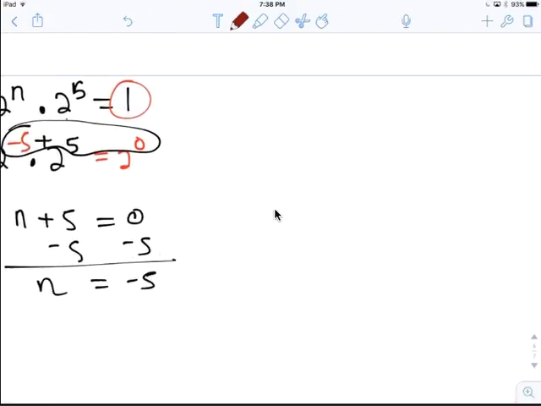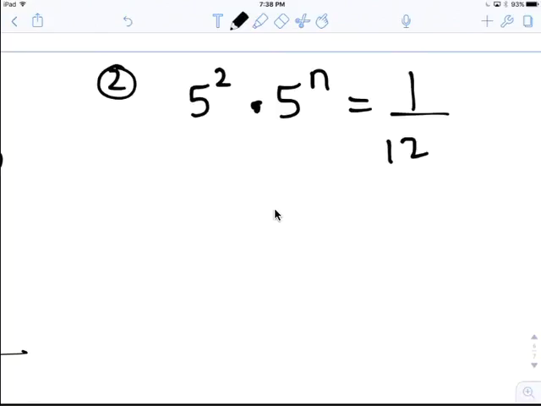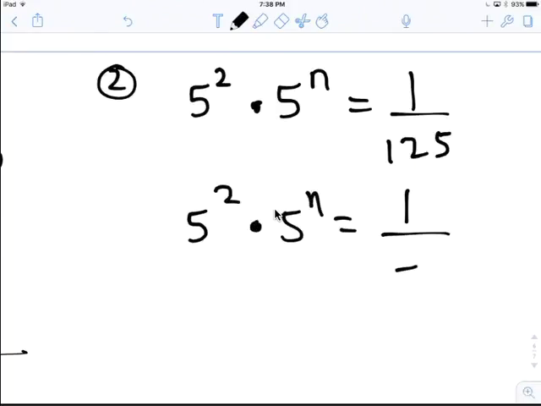Then the second problem I gave you was 5 squared times 5 to the n equals 1 over 125. That is 5 squared times 5^n equals 1 over 5 to the third power.